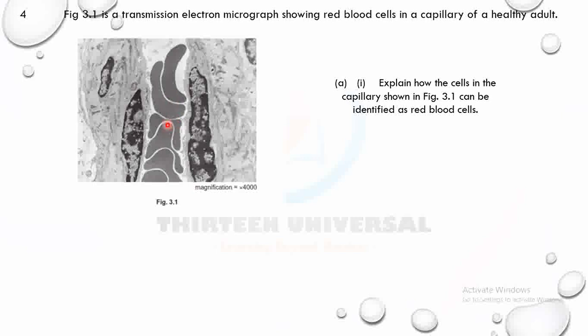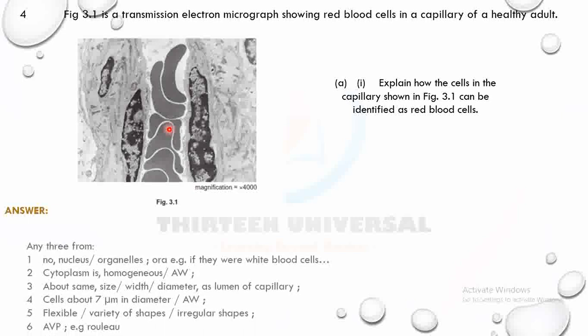You can see that they have no nucleus, uniform cytoplasm, and their size is the same as the lumen of the capillary, so they are squeezing through. The size of the capillary lumen is 7 micrometers, and the size of a red blood cell is 7 micrometers.